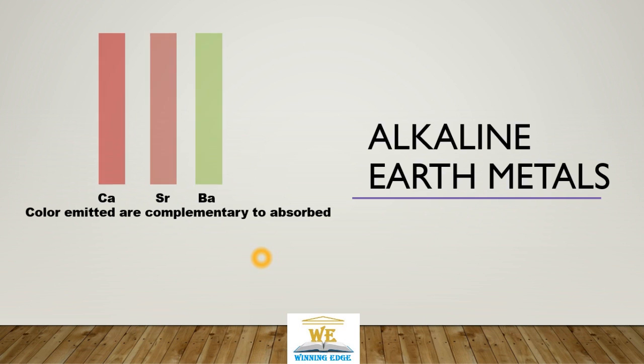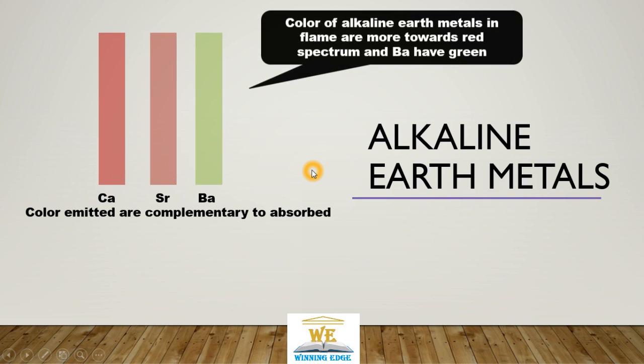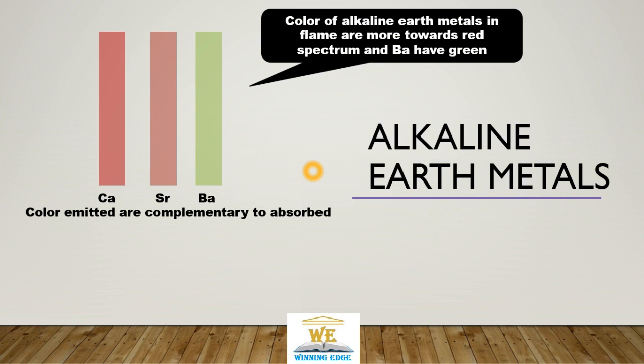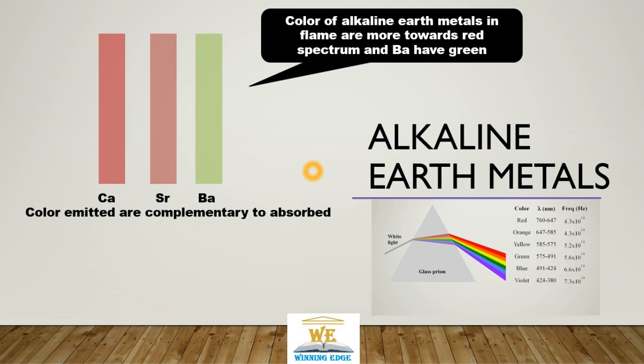For calcium we get red, meaning the absorption is somewhere near violet to indigo. The same goes for strontium, crimson red, and barium having green color. So its absorption will be of a bit lower energy than calcium. That's what we see with blue.